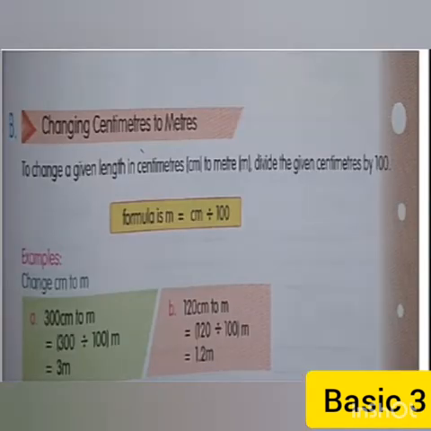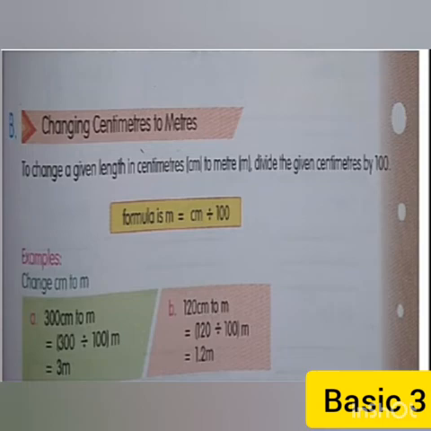Now our first exercise here is changing centimeters to meters. When changing centimeters to meters, what we expect you to do is divide the centimeters by 100. Why? Because 100 centimeters equals 1 meter. So whenever you're given a question in centimeters and you're expected to change it to meters, you divide that value by 100.